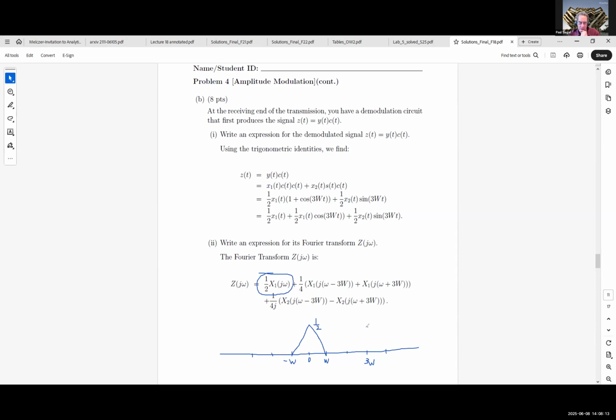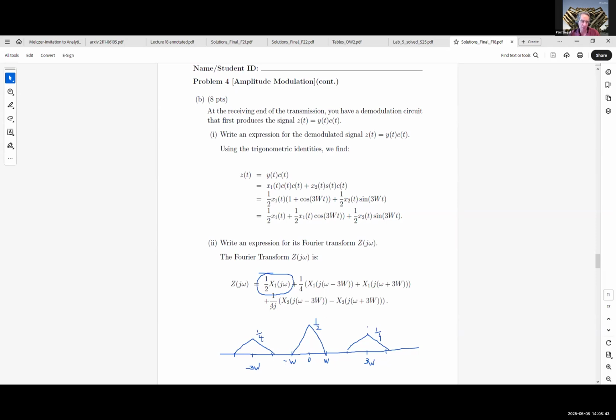So it's going to be j omega minus 3w, and this is going to be j omega plus 3w. These are going to be scaled by a quarter. And then we also have the other stuff, which probably should have been drawn in green to be consistent with the color scheme I was using.